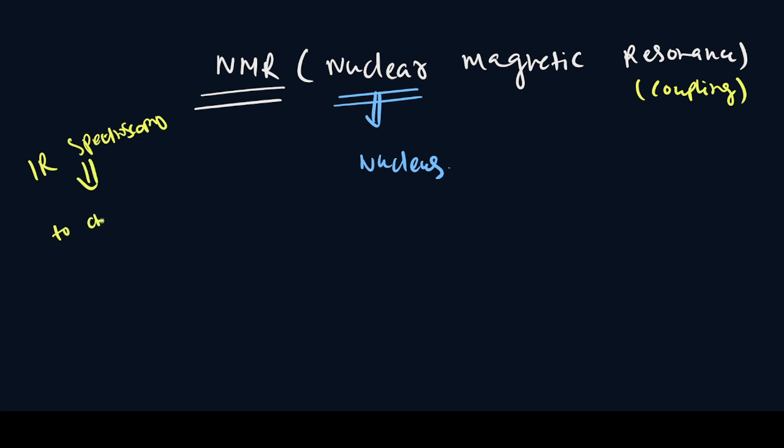But if you want to characterize a molecule based on what type of atoms are around a particular atom, then we use nuclear magnetic spectroscopy.